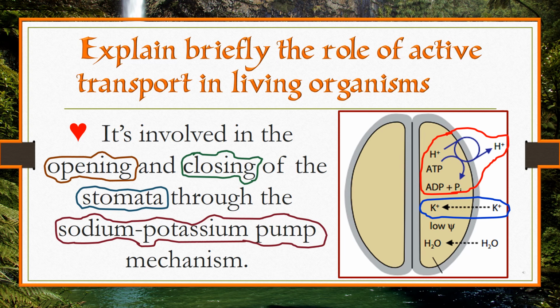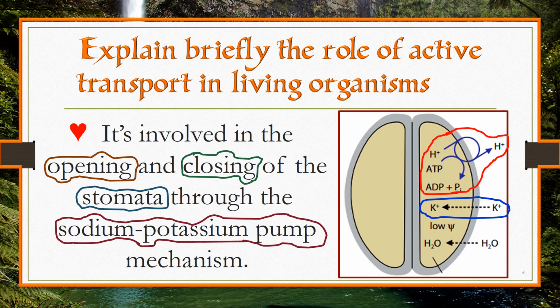Potassium ions are in high concentration outside the guard cell, and in low concentration inside the guard cell. So because the potassium channels have opened, potassium will diffuse from the nearby cells into the guard cell. And when potassium keeps on diffusing into the guard cell, inside it becomes more positive, and we have more concentration of potassium ions inside.